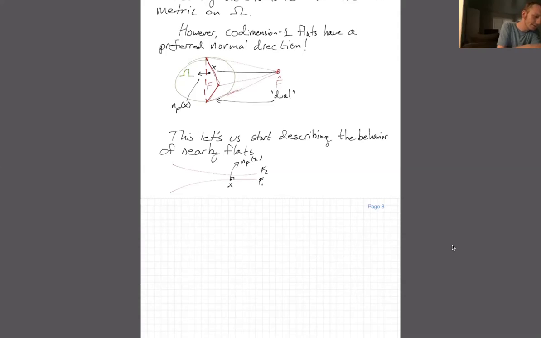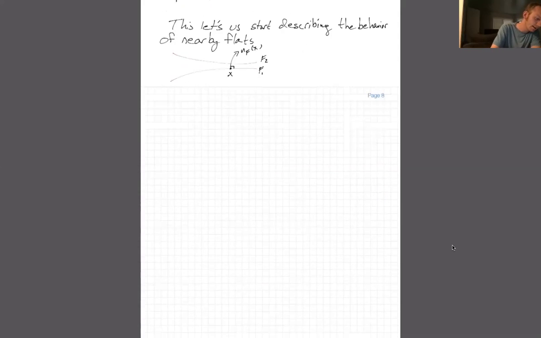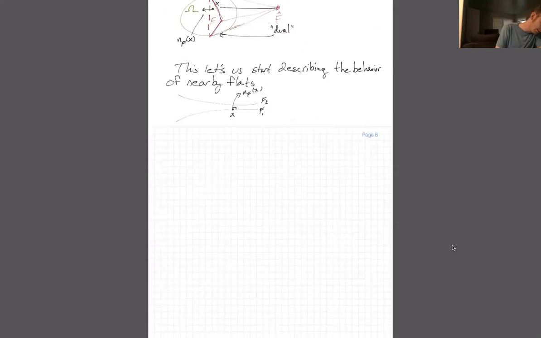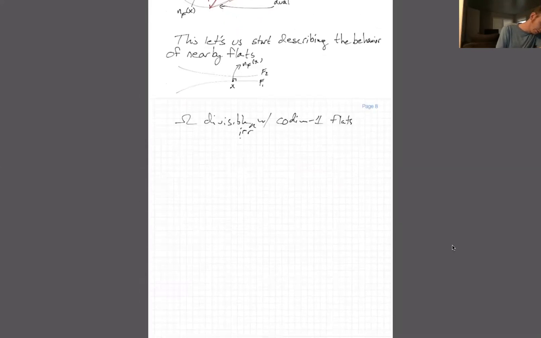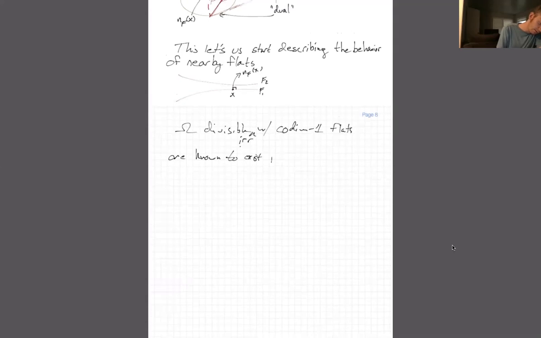Yeah, that's an interesting question, and I should say that omega divisible with codimension 1 flats, and I should say irreducible with codimension 1 flats, are known to exist in dimension d less than or equal to 7.